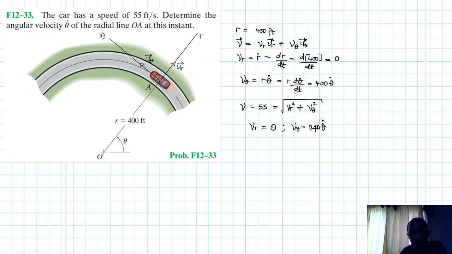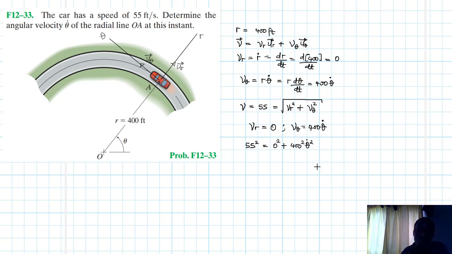So replugging them back there, we are going to have 55 squared equal to 0 squared plus 400 squared theta dot squared.